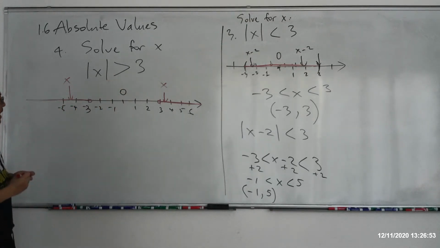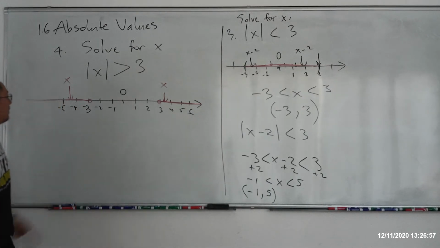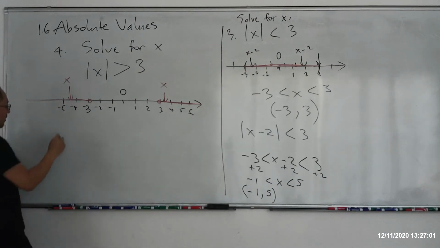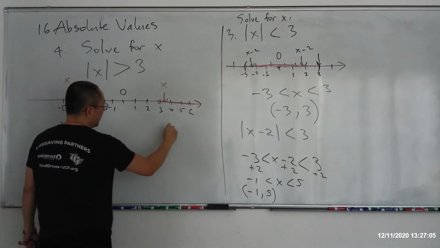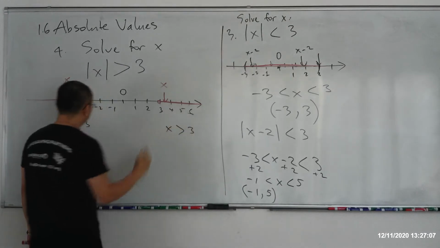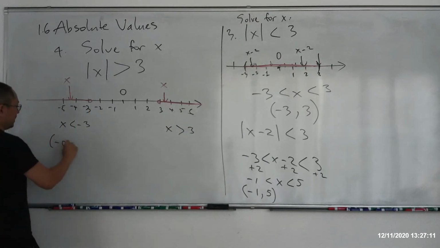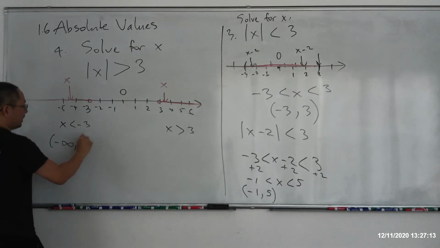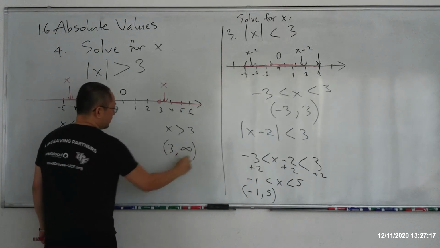So in this case you have 2 separate inequalities, and you cannot combine them together. You write x is less than negative 3, or x is bigger than 3. The interval notation is negative infinity to negative 3, or 3 to infinity, using parentheses.